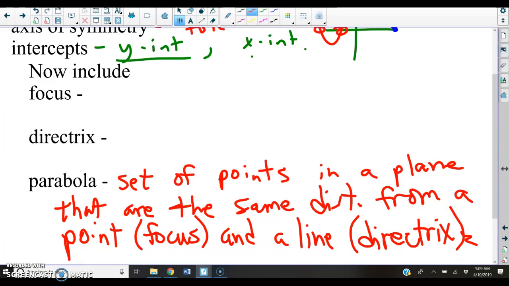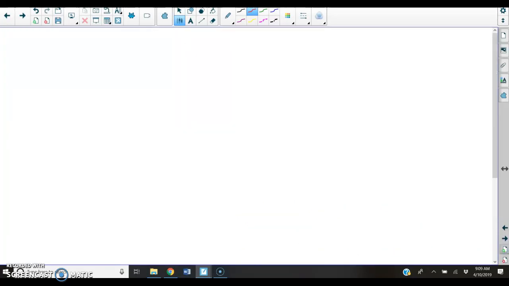Okay? So it's the set of points in a plane that are the same distance, that's a terrible S, from a point and a line, the directrix. Okay, I'm going to show you what that means.